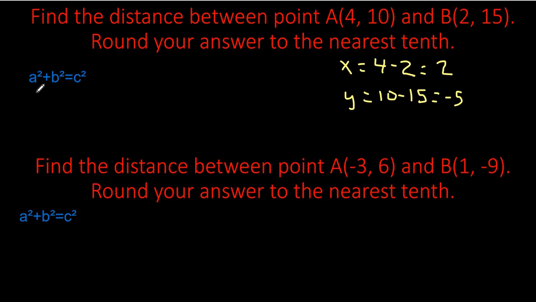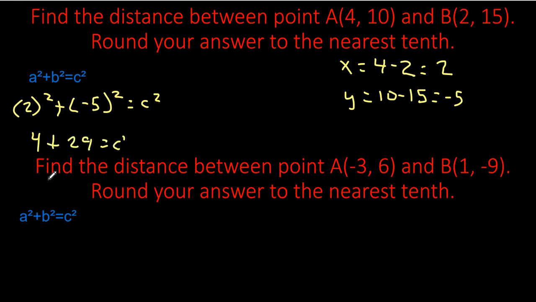So we're looking for the distance. You can put a and b as the x and y. So we're going to have 2 squared plus a negative 5 squared, and make sure that you put the negative 5 in parentheses, because when we square it, it needs to be a positive number. So 2 squared is 4, and negative 5 times negative 5 is a positive 25. 4 plus 25 is 29 equals c squared.